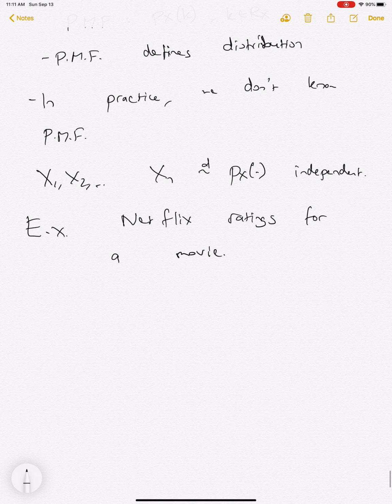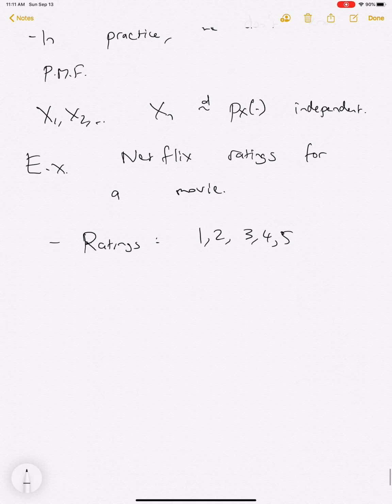Think about Netflix ratings for a movie. Okay, so the ratings can be 1, 2, 3, 4, or 5. I believe you can also give half stars, but I'm going to focus on the idea that everyone just rates a movie with one of these 5 integers.